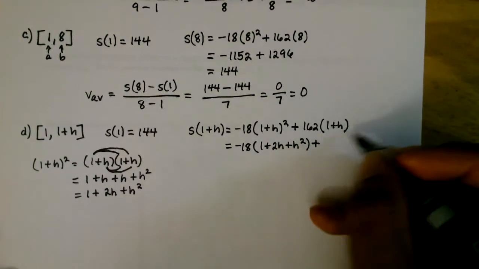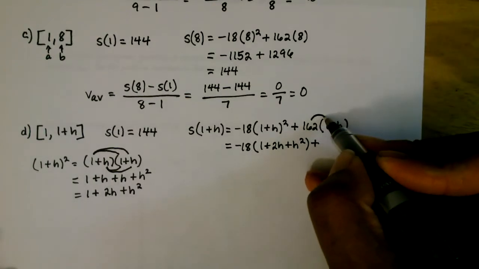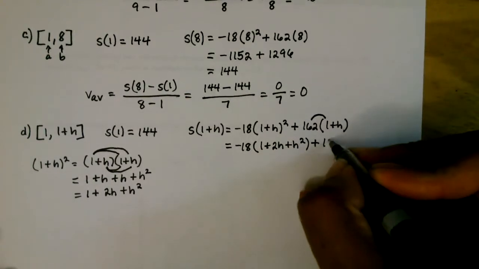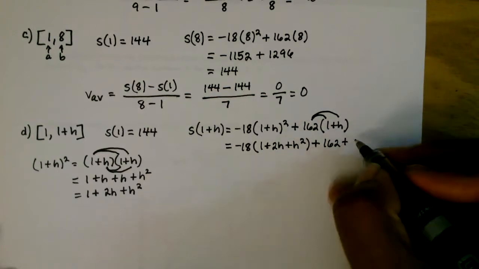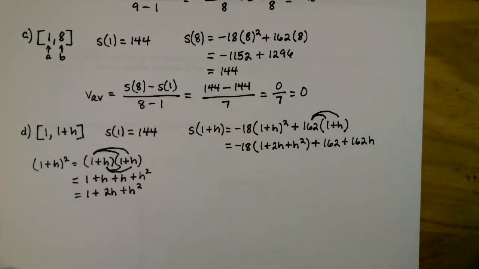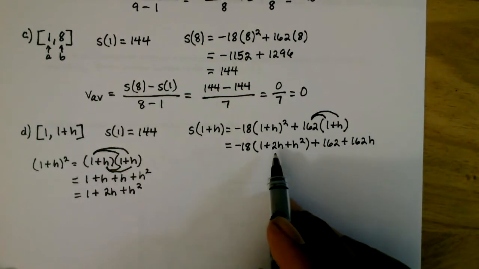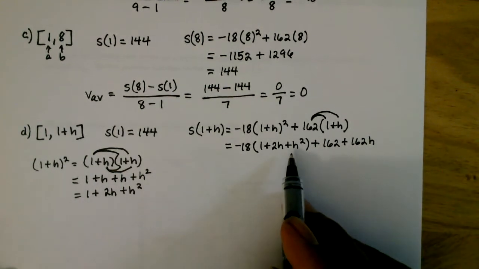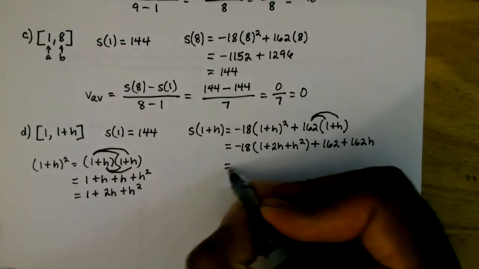Now for the 162 times the quantity 1 plus h, I just use the distributive property by doing 162 times 1. That'd be 162 plus 162 times h. That'd be 162h. And now I'm going to take that 1 plus 2h plus h squared, and it will be multiplied by negative 18 using the distributive property.